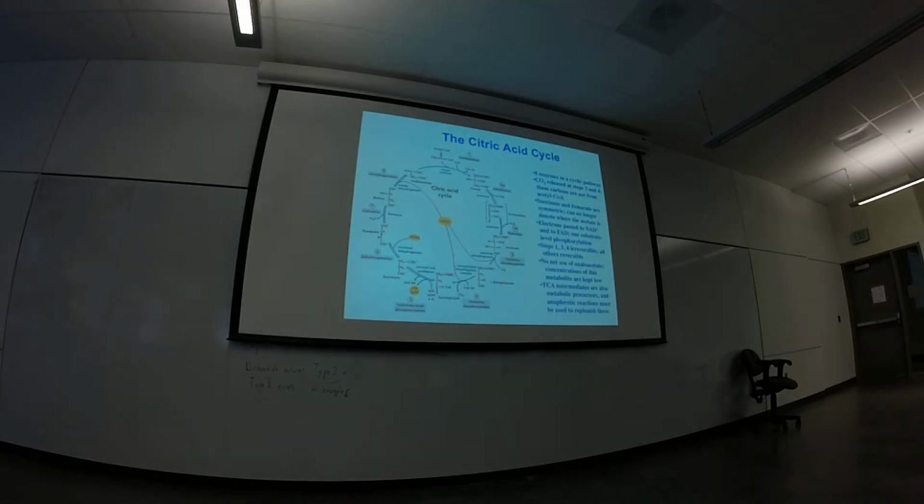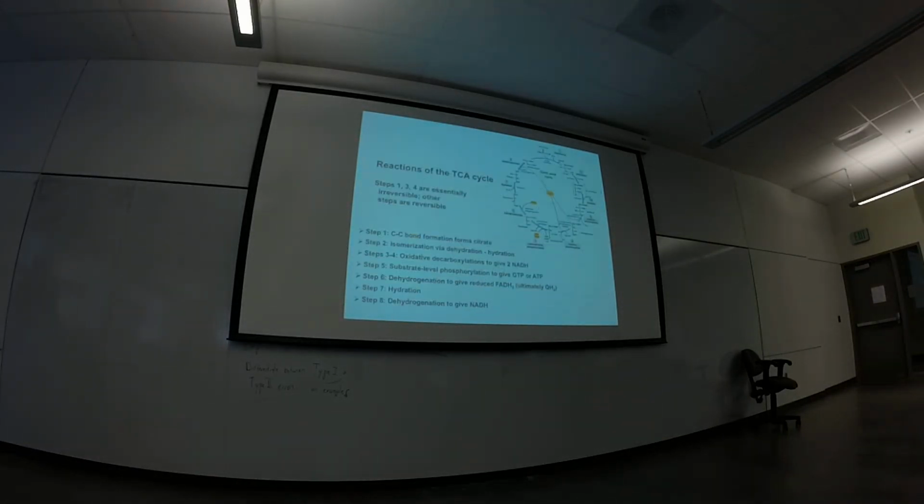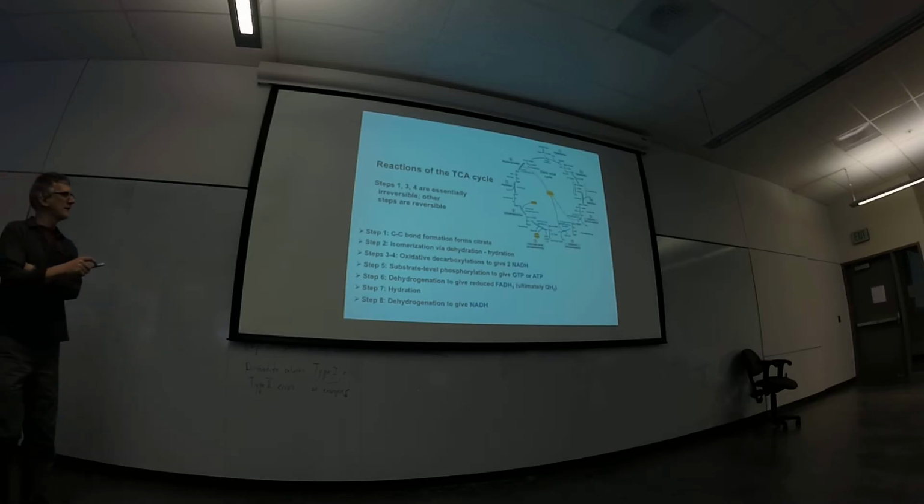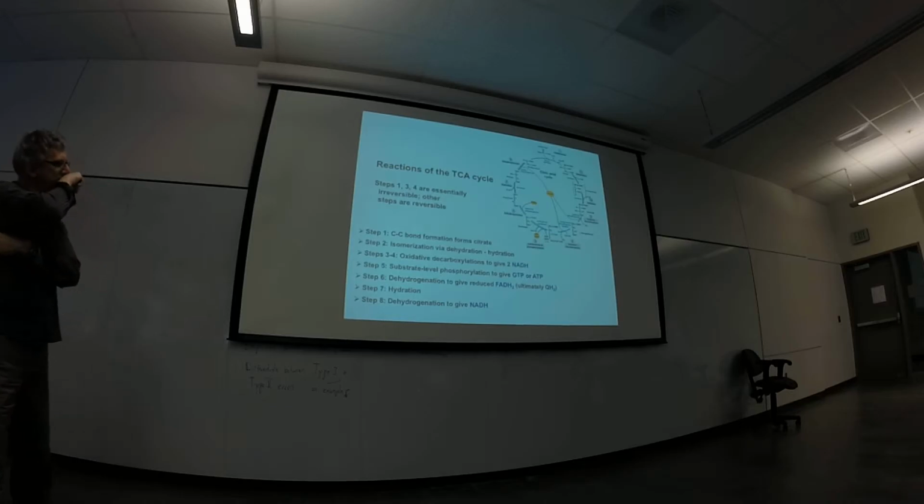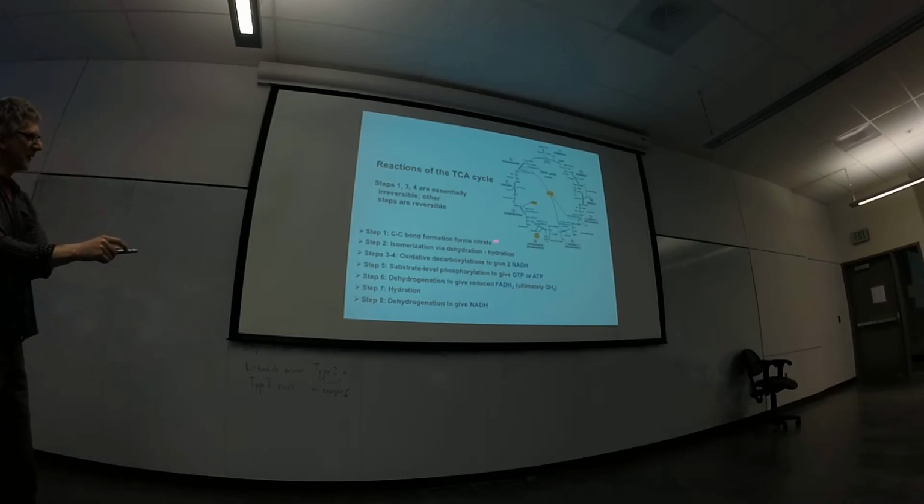Okay, so TCA cycle, and we could look at it in terms of what are the types of reactions. We've got a CC bond formation reaction. That's actually a Claisen condensation reaction. It goes through a carbanion. There's a mechanism in the book. We won't be looking at it in detail, but it's interesting.